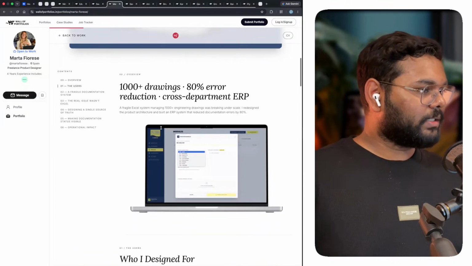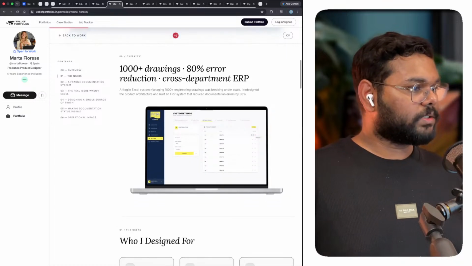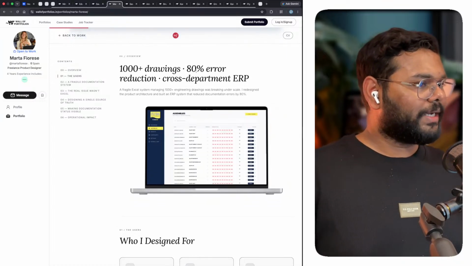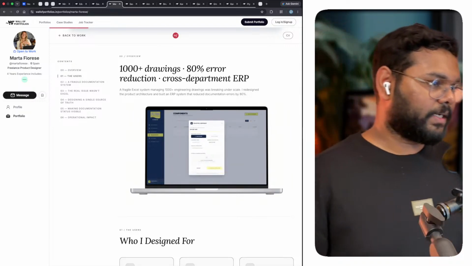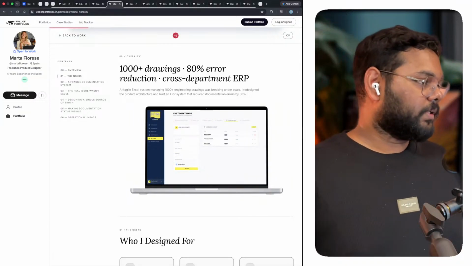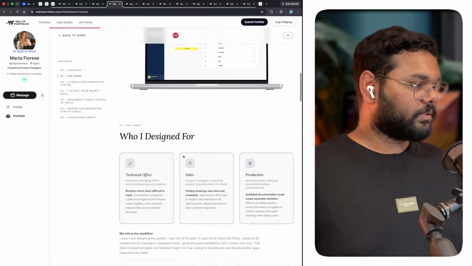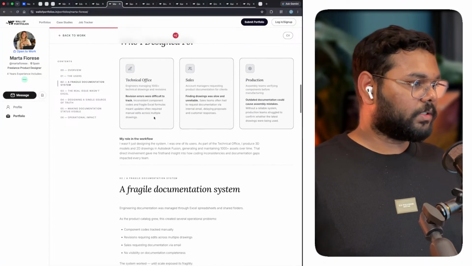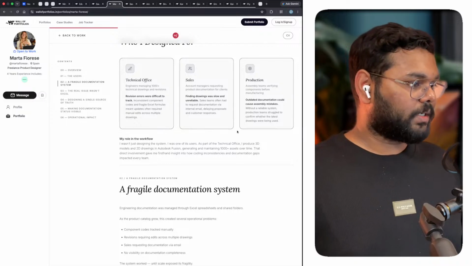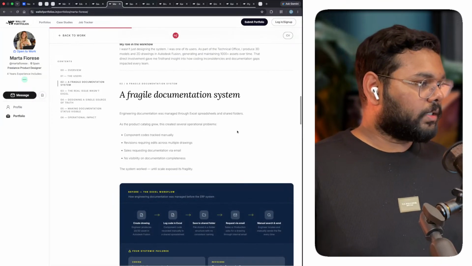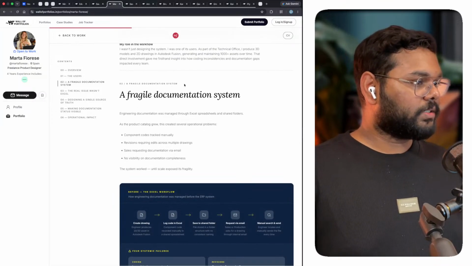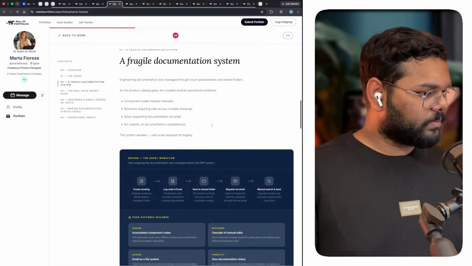Nonetheless, let's start. So overview, 1000 plus drawings, 180% error reduction, and cross department ERP. Okay, a lot of things at once. So who I designed it for: technical office, sales and production, and fragile documentation system.